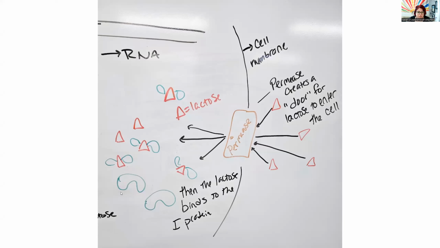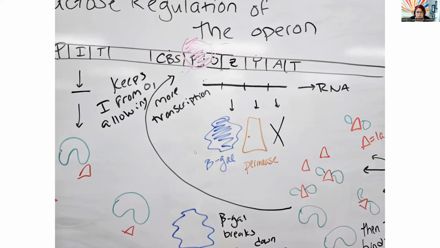So you can see as it comes in, it changes the shape of the repressors, both the ones that are free in the cytoplasm, and it will also bind to the ones that are bound to the DNA. And so when the inhibitors are prevented from binding to the operator, that allows for increased transcription of RNA. And more transcription means more translation of these proteins.